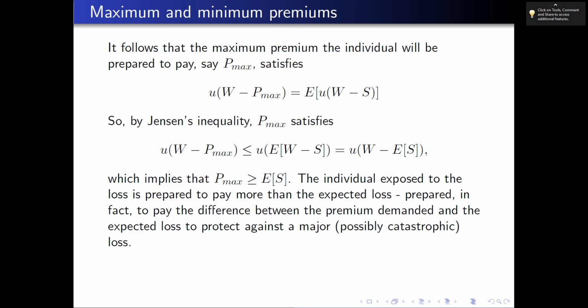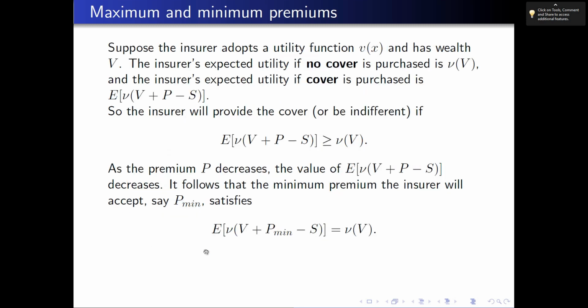So this is just a simple argument. Pmax should be more or equal to P minimum and should be more or equal to expected S. Okay, against a major loss.